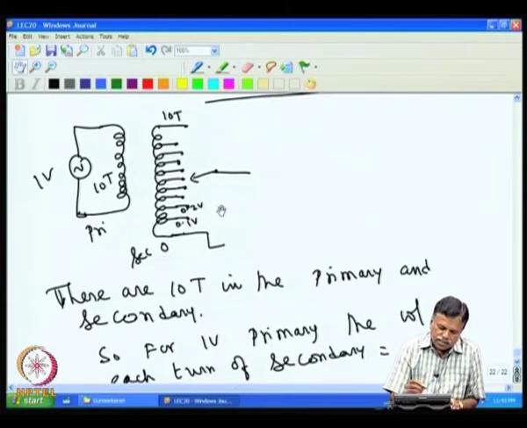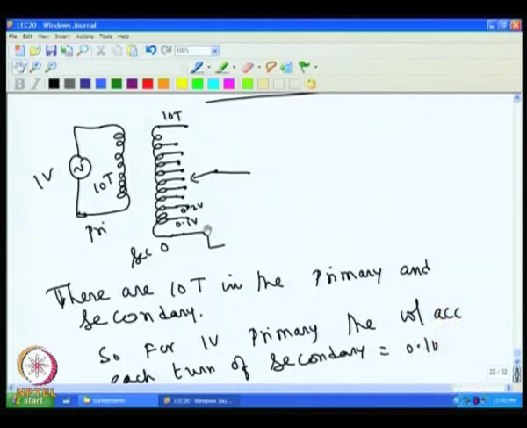If it makes contact at this point, then you will get 0 volt. So, 0, 0.1, 0.2, 0.3, and then when it makes contact here, you will get 1 volt. So, the voltage across this depends on to which terminal it is making contact.